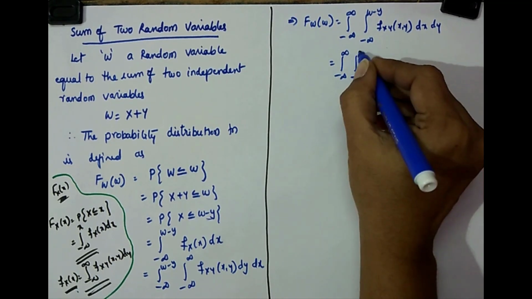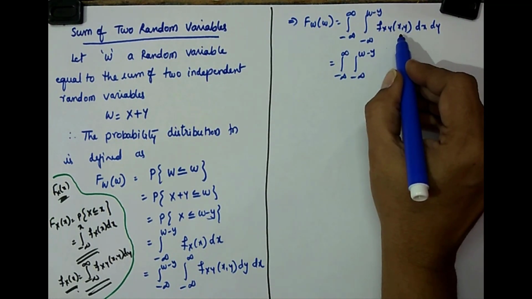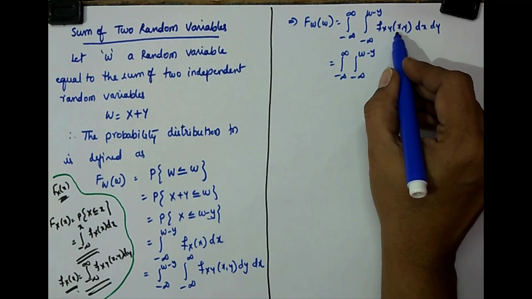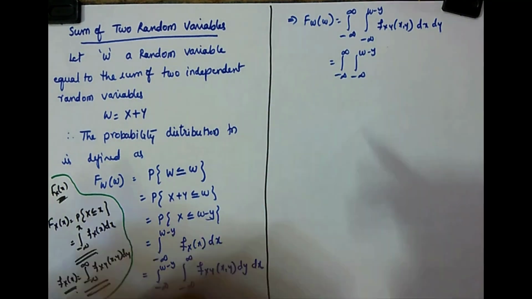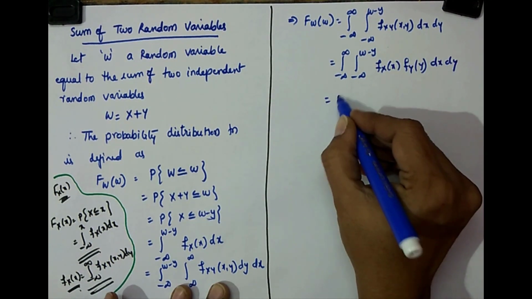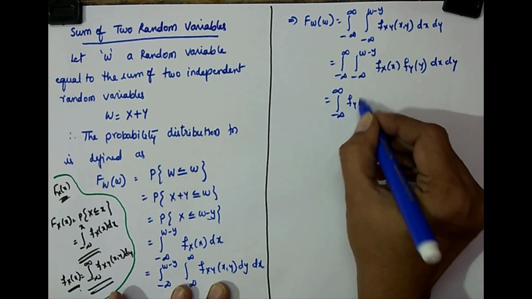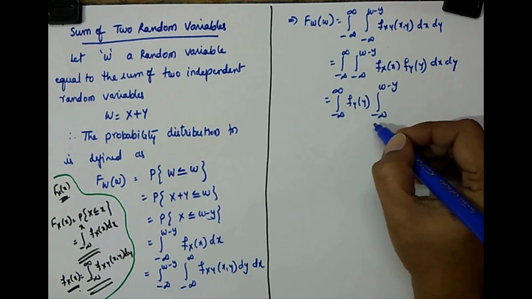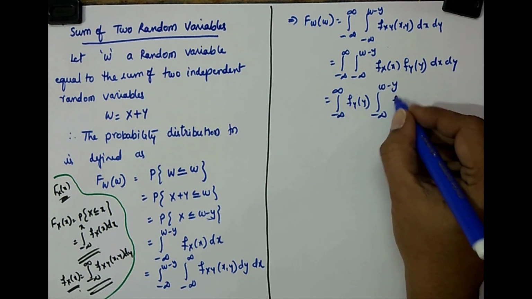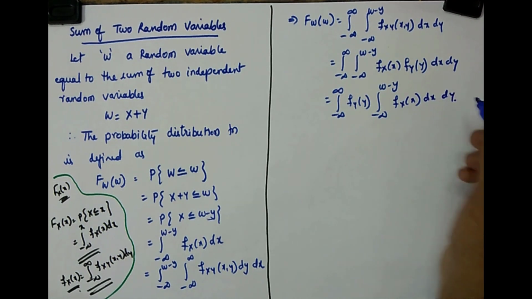If the variables x and y are statistically independent, fxy of x comma y is equal to fx of x into fy of y. They separate: the integral from minus infinity to infinity of fy of y, times the integral from minus infinity to w minus y of fx of x dx, dy.